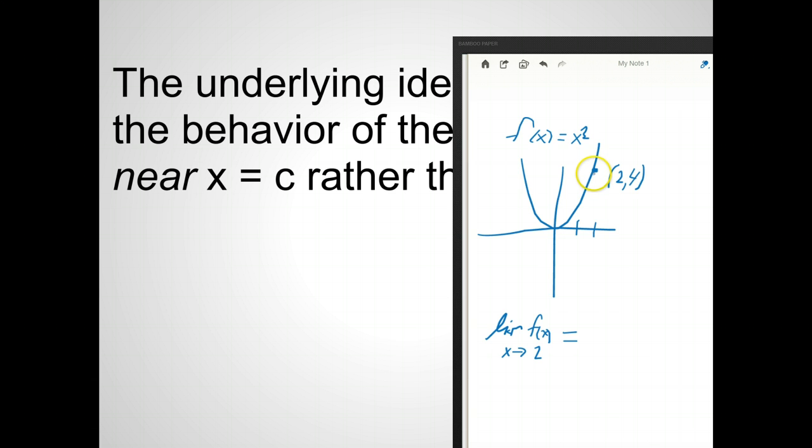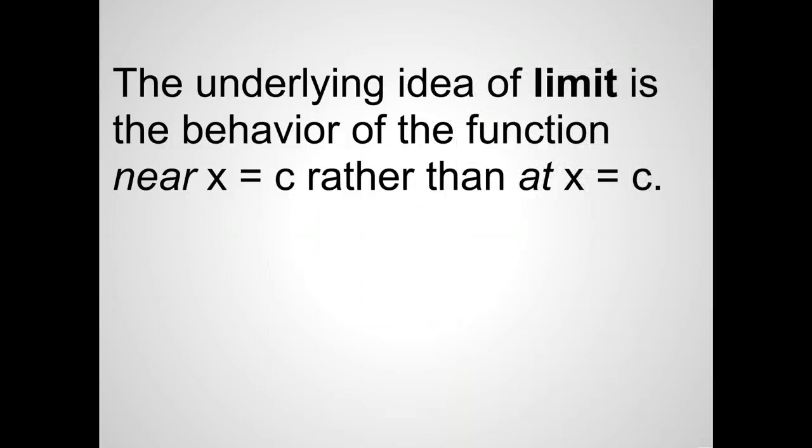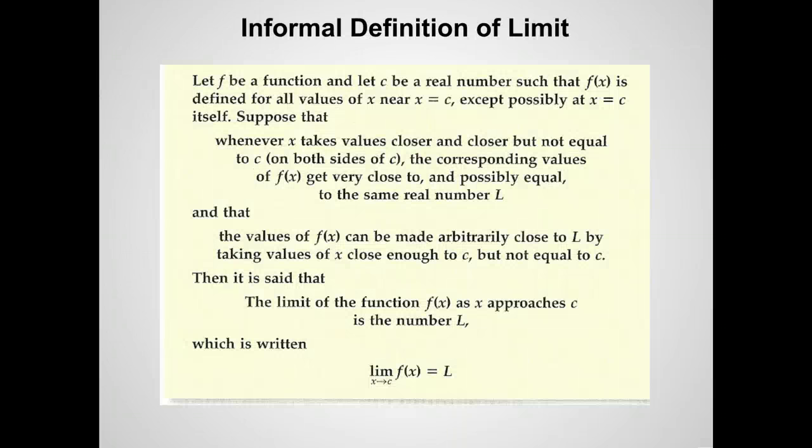I think we'd all agree that it is. It's getting closer and closer to 4. The closer I get to 2 from the left, I'm getting closer to 4. The closer I get to 2 from the right side, I'm getting closer and closer to 4. So that's what we mean by the limit. Sometimes the function's limit is actually equal to the value there. Sometimes it's not.